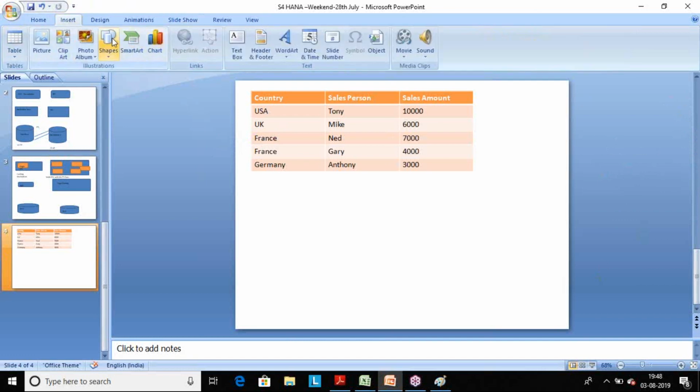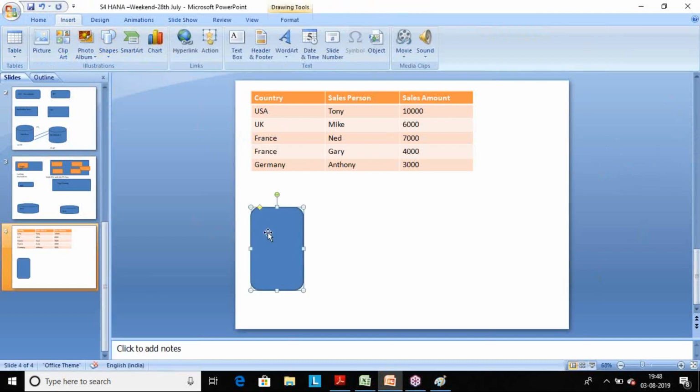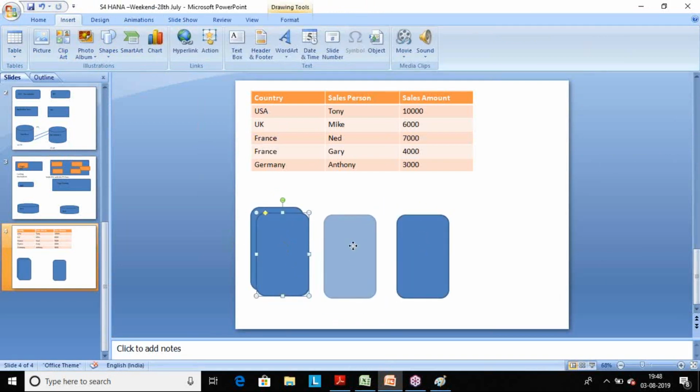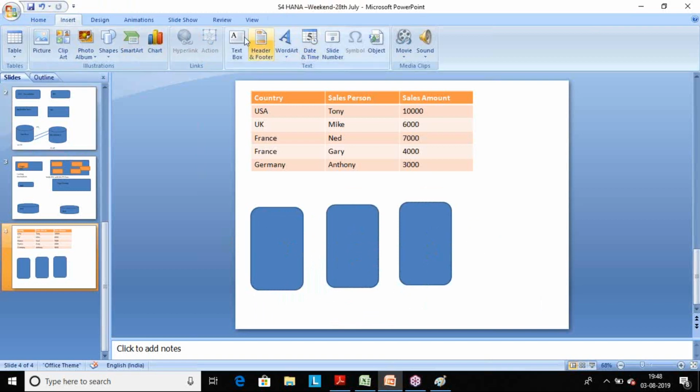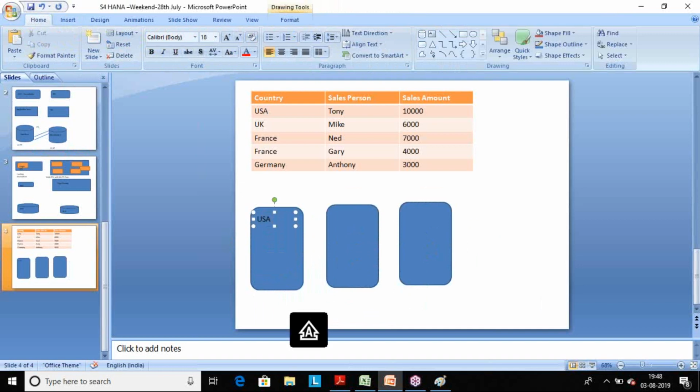Now, if we can convert this single table into multiple small tables, that means one single table or column for country, let's say USA, UK, France, Germany.